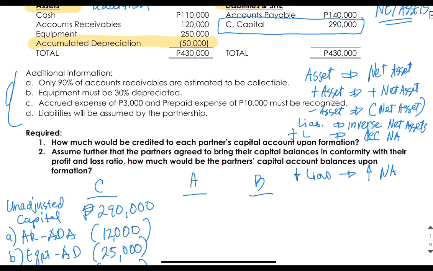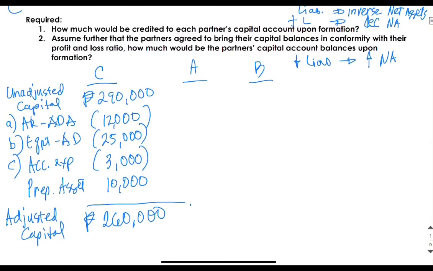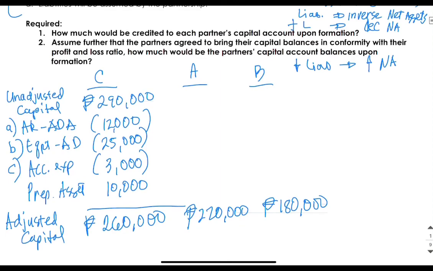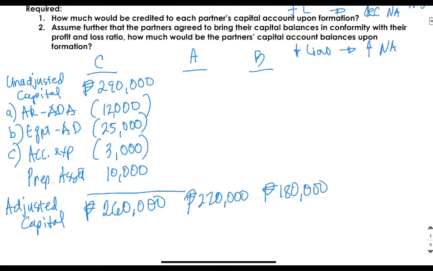So that is 220,000 and 180,000. So for number 1, how much would be credited to each partner's capital account upon formation? The answers would be 260,000, 220,000, and 180,000 respectively.